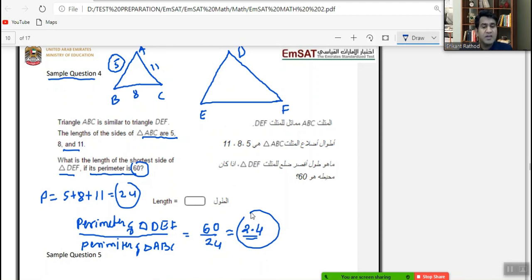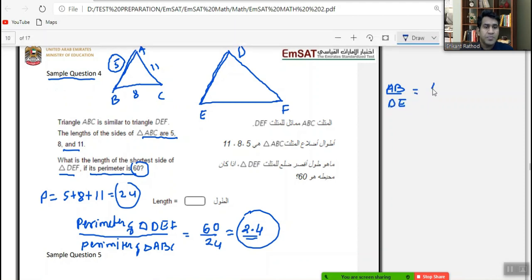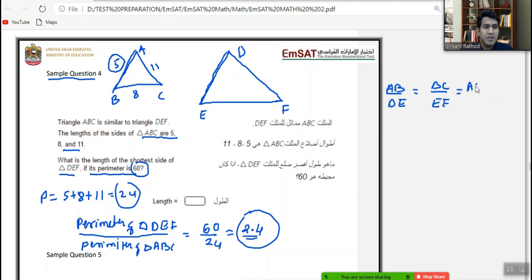The sides of triangle DEF are 2.4 times the sides of triangle ABC, and we also know that for similar triangles, the corresponding sides are in ratio. I can write AB divided by DE equals BC divided by EF equals AC divided by DF.